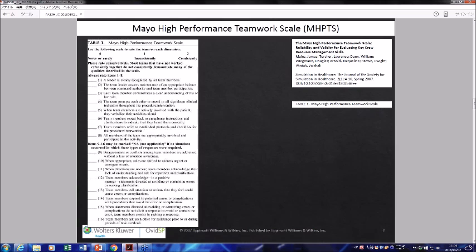Like number 4, the team prompts each other to attend to all significant clinical indicators throughout the procedure, which means you need to look from the top to the bottom, and you need to pay close attention. And at last, maybe you can judge which score would be appropriate. This is actually good, but you can imagine it is still difficult to use.